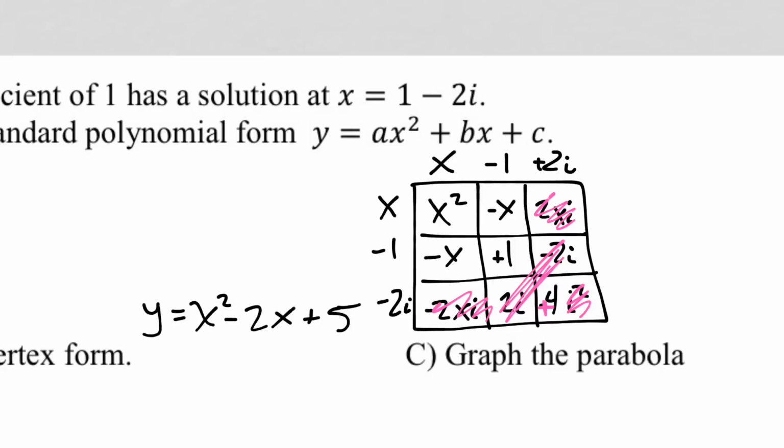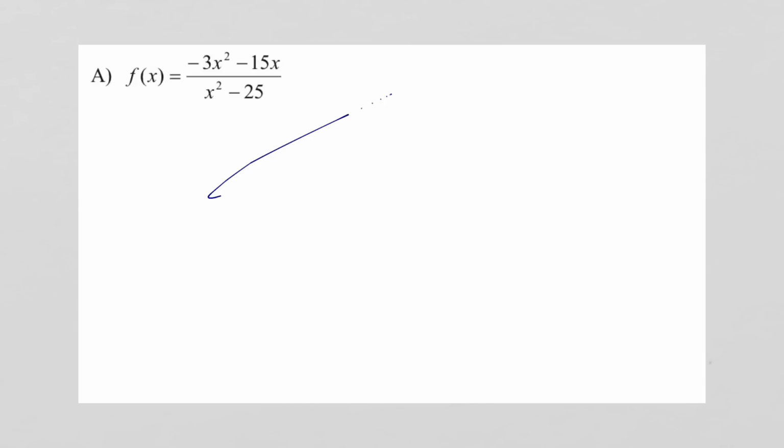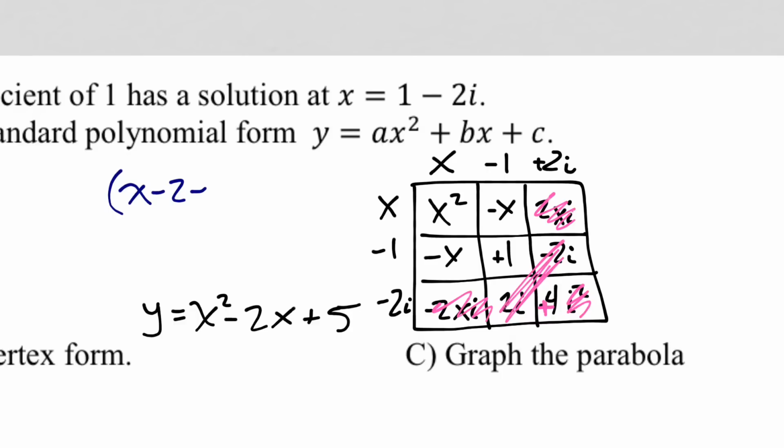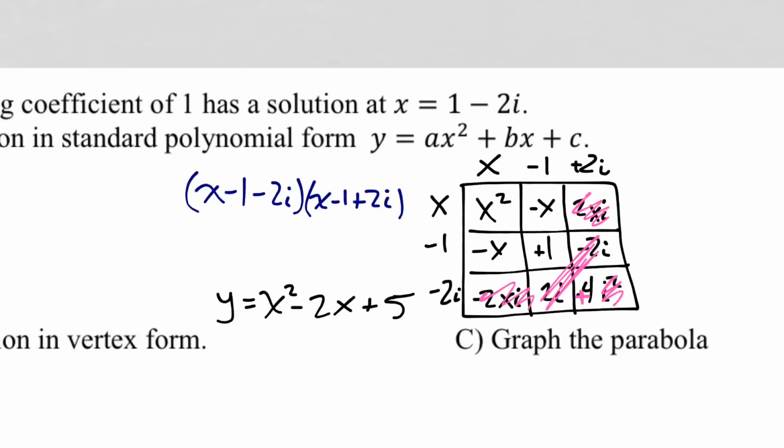Now, let's think about the factors we started with. We started with this factor of x minus 1 minus 2i, and x minus 1 plus 2i. (Sorry, I'm tired, told you.) If you're feeling savvy, you can go straight to this standard form equation by noticing that we will get an x squared from that bit.